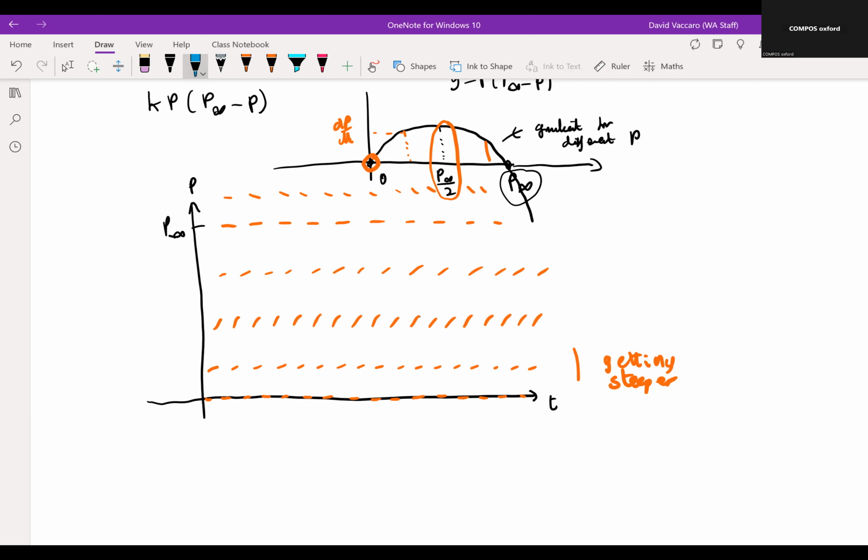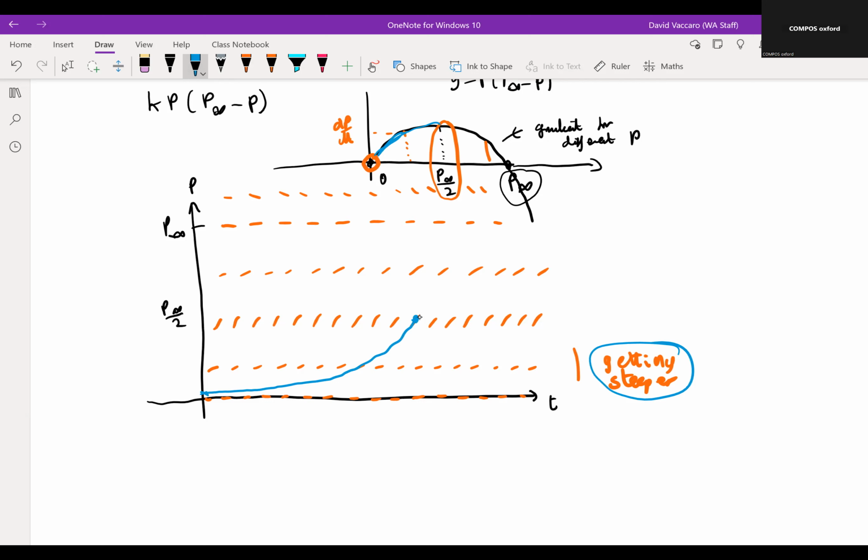So what we can do now is think about different solution families. If my population starts small, the gradient to begin with is small. Then it increases as the population increases. So that corresponds to this graph going up. It then goes up more and more steeply until it's got a maximum gradient here at P infinity over 2.